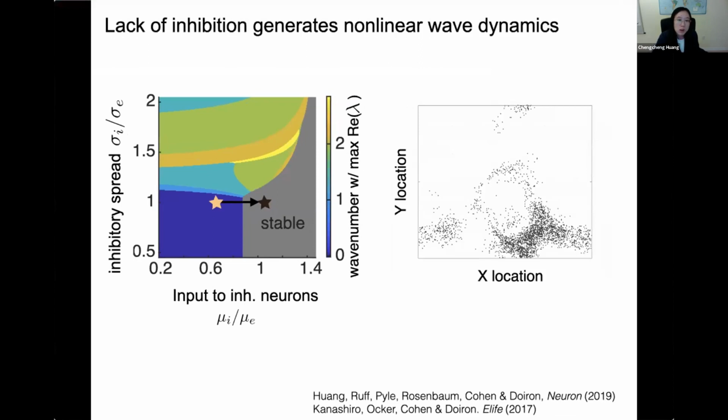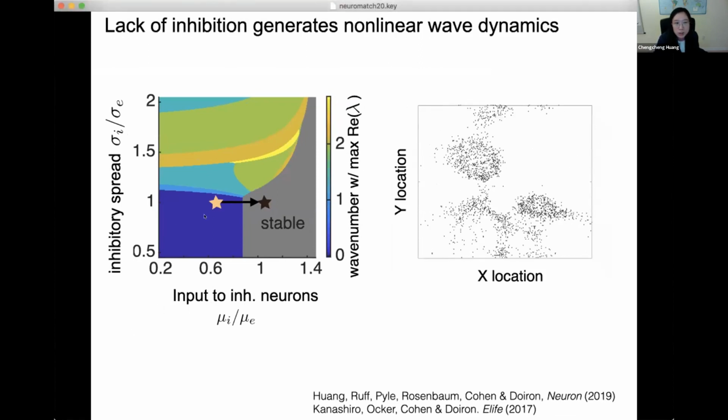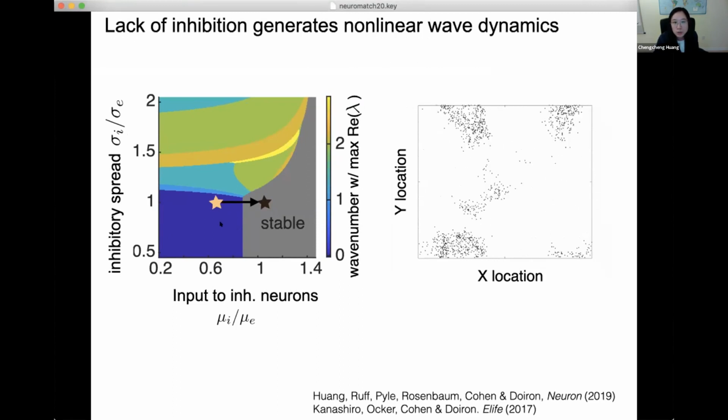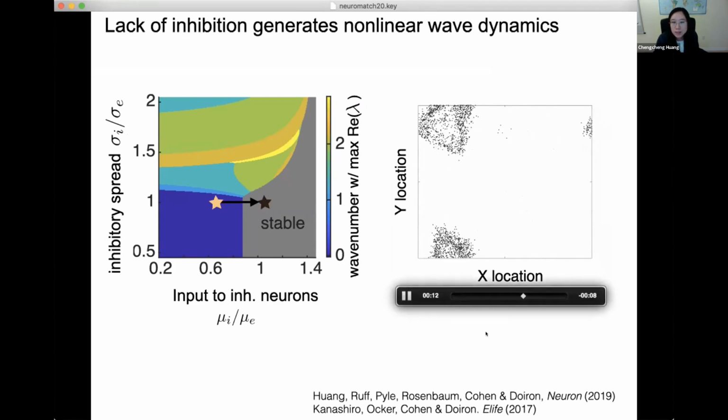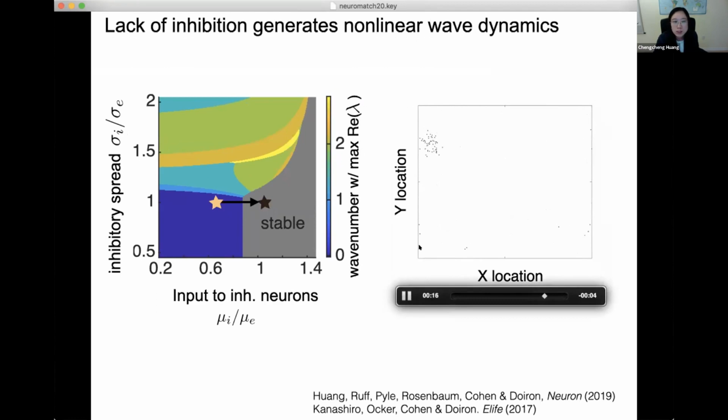So for example, we know that when the inputs to inhibitory neurons are weak, the network transitions through a Hopf bifurcation and generates wave propagating dynamics. So here is an example of the raster activity of the network. Each dot is a spike at that location. This nonlinear wave propagating dynamics can potentially lower the information in the network.